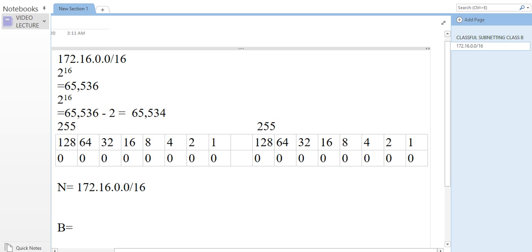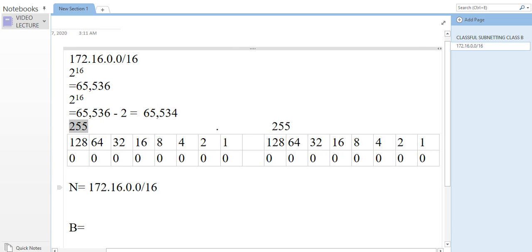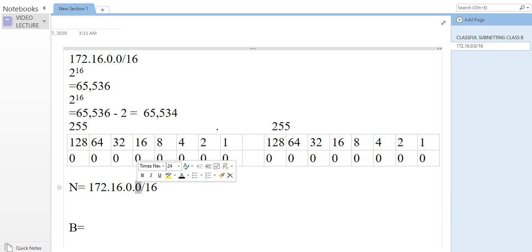But they're different networks, you just have to know that. So 255 here is to be added to this 0, and this other 255 for this last octet will also be added. So you add the sum of the bits to whatever value is in the same portion of the network address.